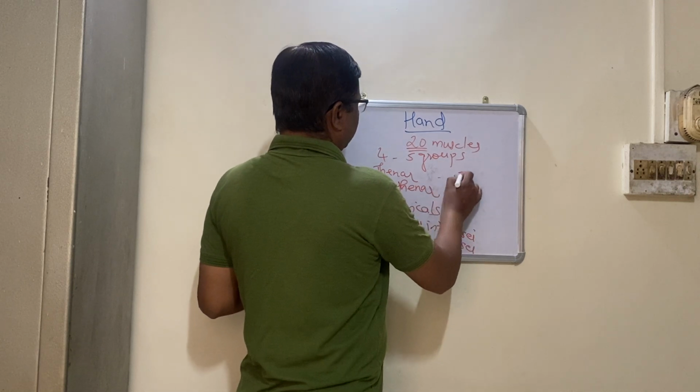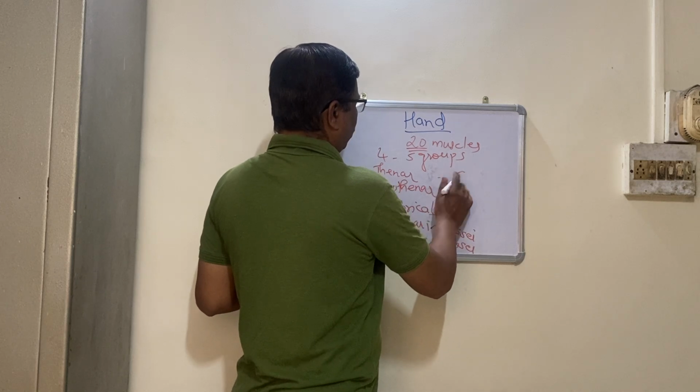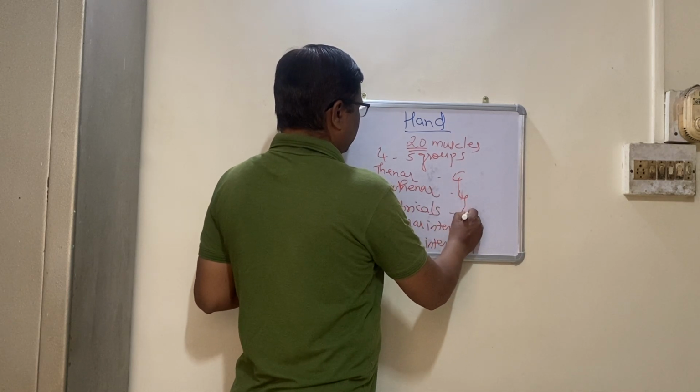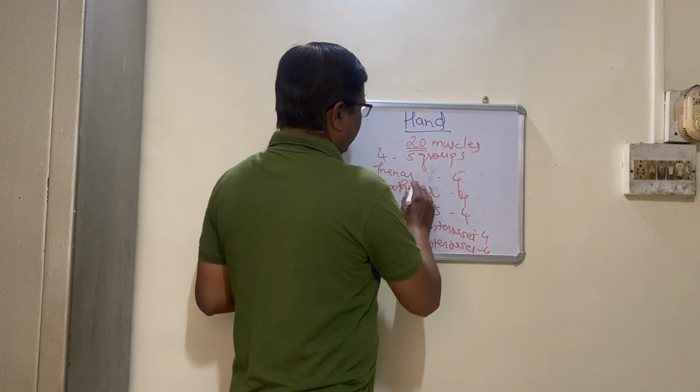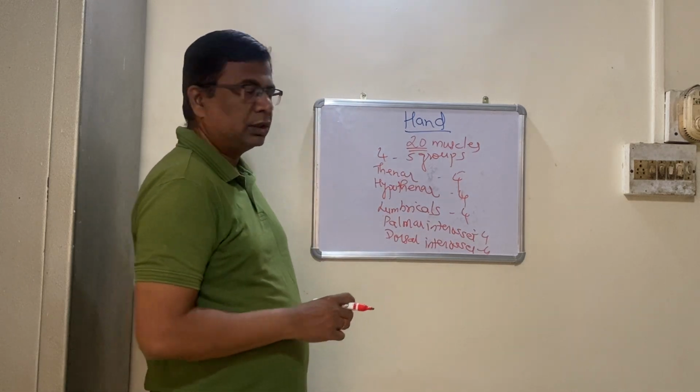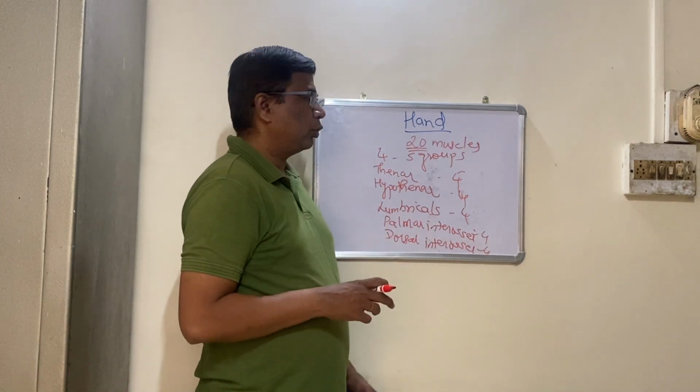Each of these groups has 4 muscles: 4 thenar, 4 hypothenar, 4 lumbricals, 4 palmar interossi, and 4 dorsal interossi.